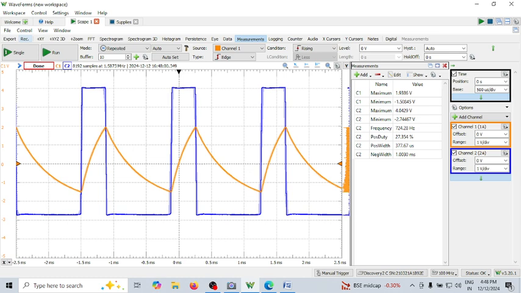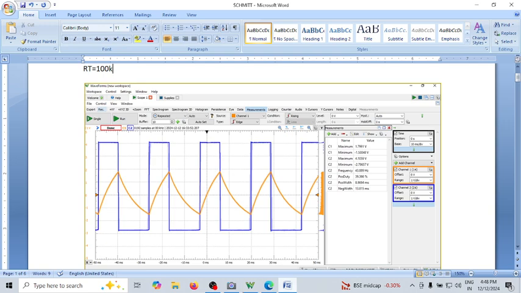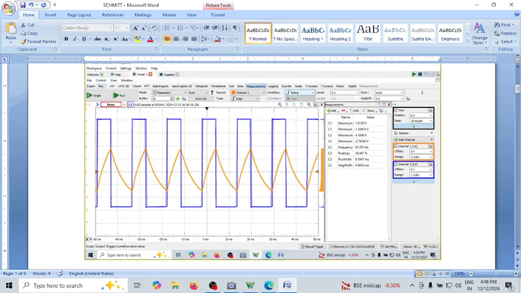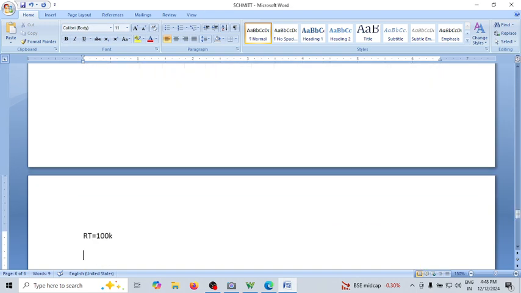So what I'll do, I will go here and then this is for a different duty cycle. So this is RT on. RT on is now, because RT off is fixed, RT on is now 3.3k. Sorry, 3.3k.